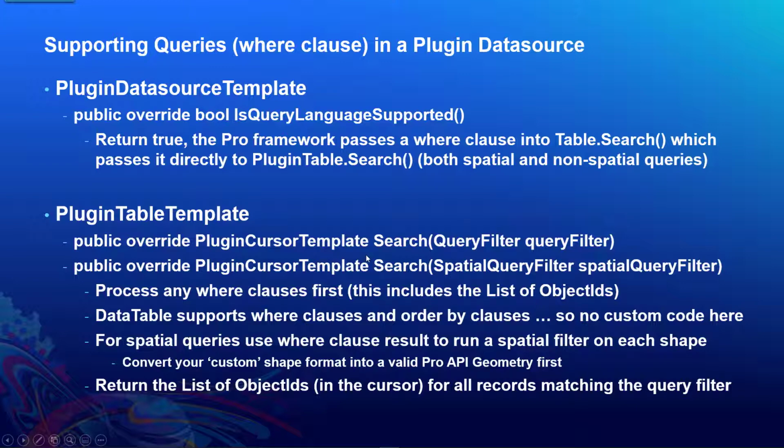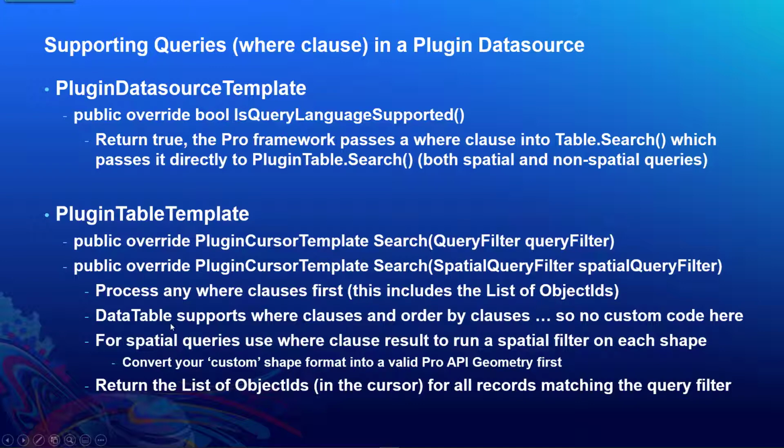So what do I have to do to implement this? Well, I now have to change my search methods that I have overwritten before. Remember, before we returned all records, but now we actually have to process any where clauses that we get first. And the where clause is not just a SQL style where clause. The where clause can also be a list of object IDs that you have to consider.